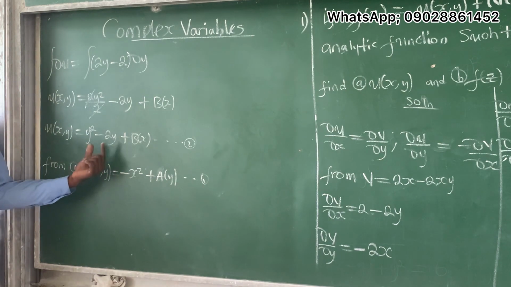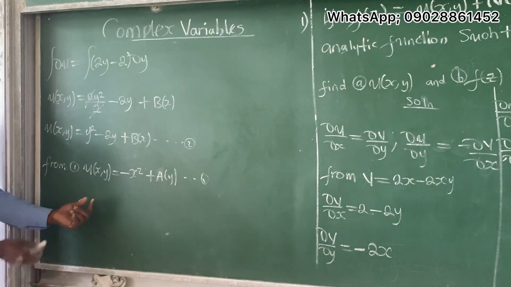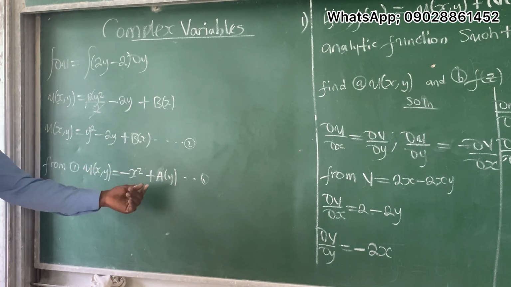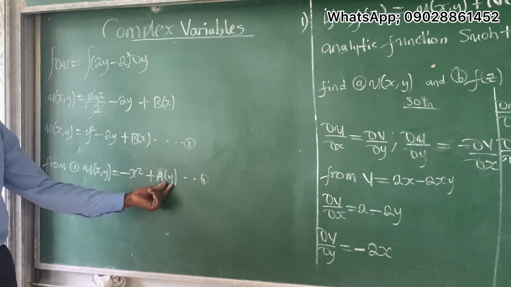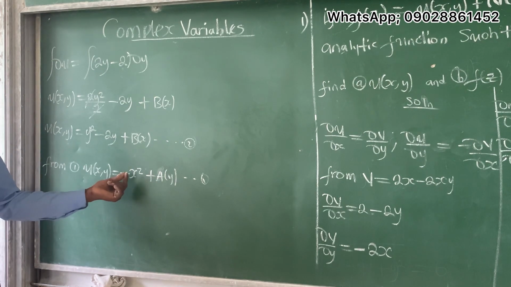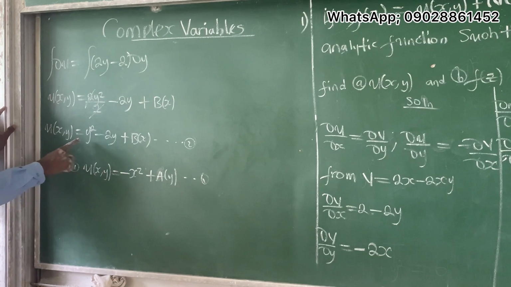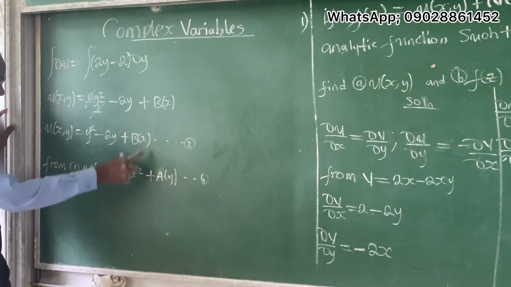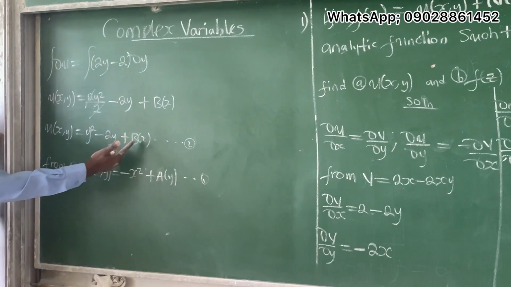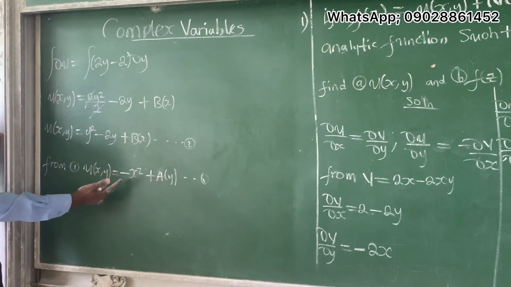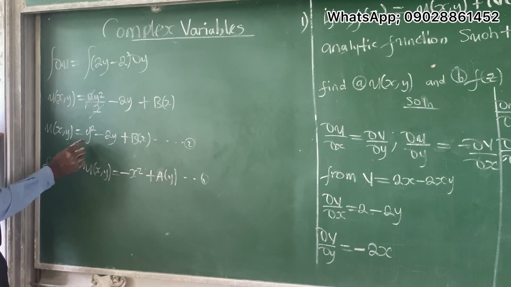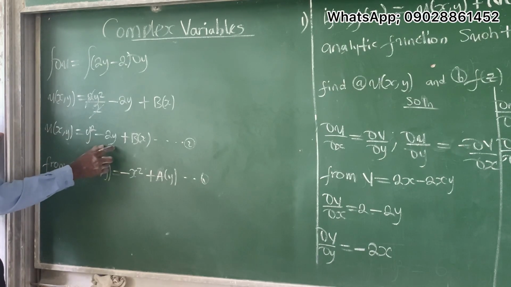From equation 1, we have a of y, which is a function of y, plus minus x squared. From equation 2, we have y squared minus 2y plus b of x. Compare these two equations, you are going to see that b of x in equation 1 is minus x squared, and a of y in equation 2 is y squared minus 2y.